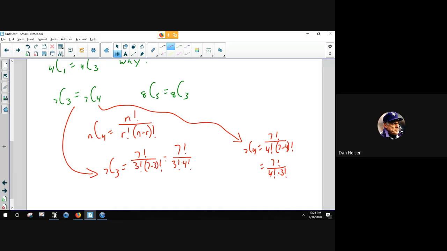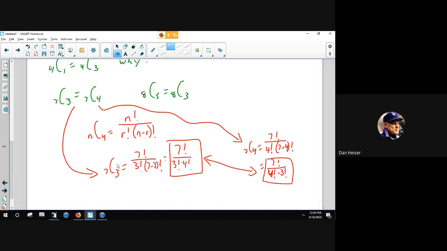And notice these are the same. The only difference is the factorials in the denominator are reversed, which, because we're multiplying, doesn't change the answer. Simply flipping the factorials around will give us the same answer.